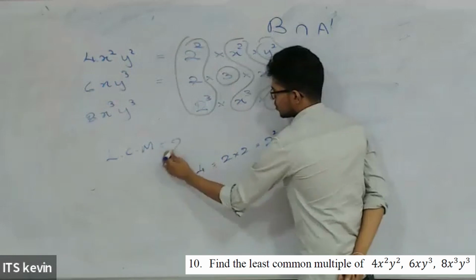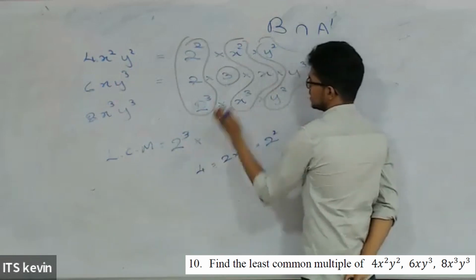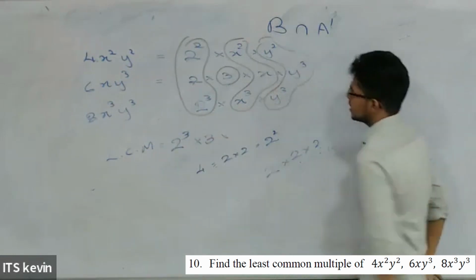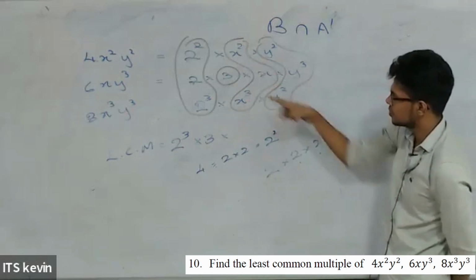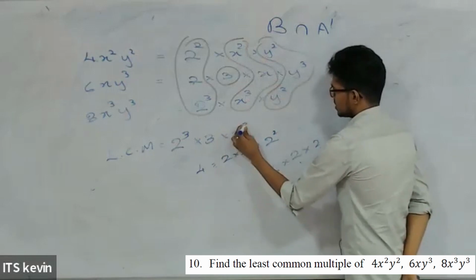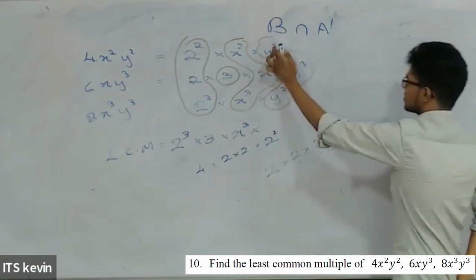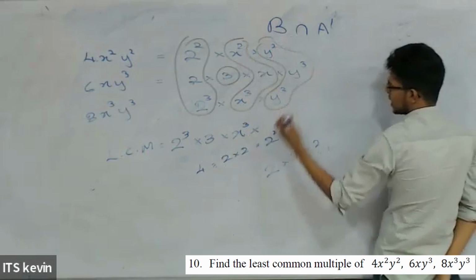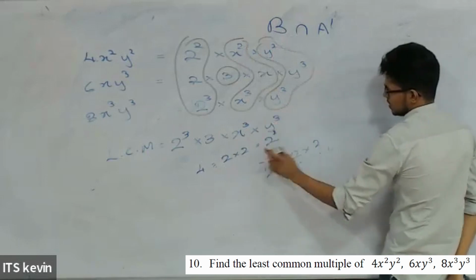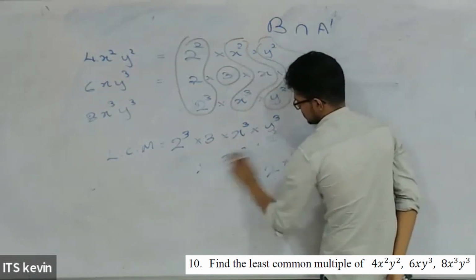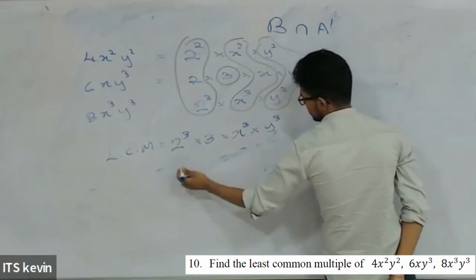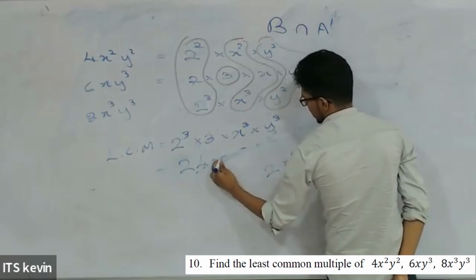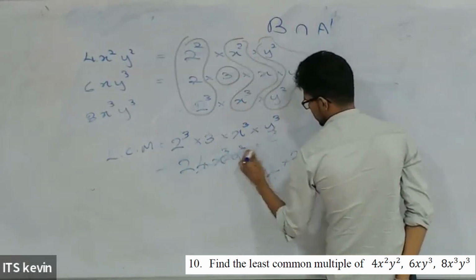So you write 2 to the power 3 times 3. Only one 3 is there. For x, what is the highest power? X to the power 2, x and x to the power 3. So you write x to the power 3. For y, y squared, y cubed, the highest power is y to the power 3. So what is the answer? 2 times 2 is 4, 4 times 2 is 8, 8 times 3 is 24, so 24x cubed y cubed. That's it.